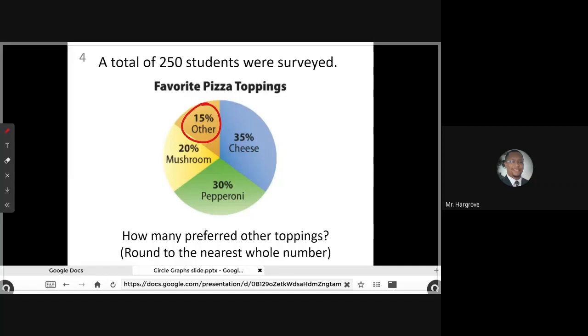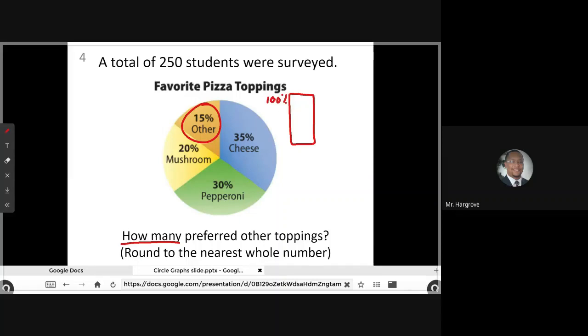I'm going to use a percent bar to answer this question, because we're trying to figure out how many students, and we don't know exactly how many, but we do know that 15% represents the percent that chose other.